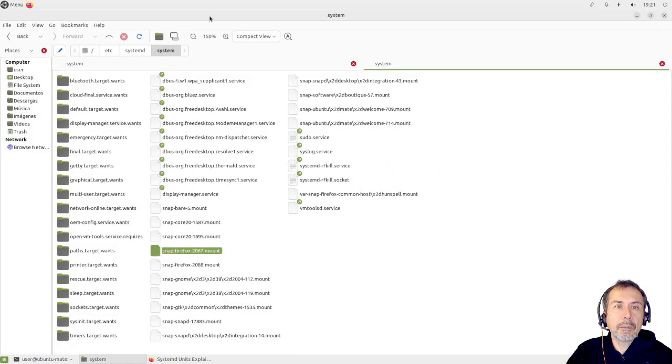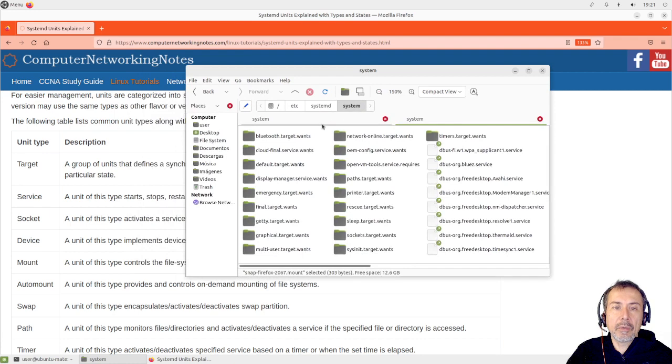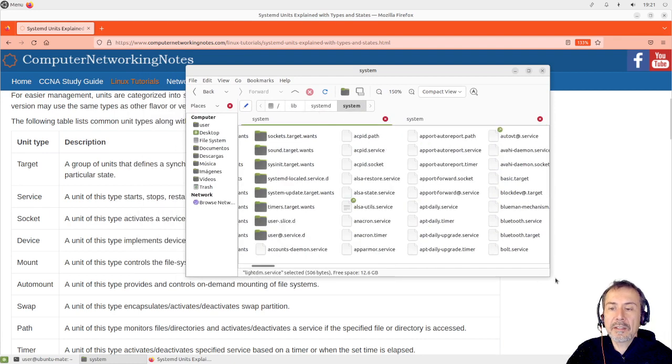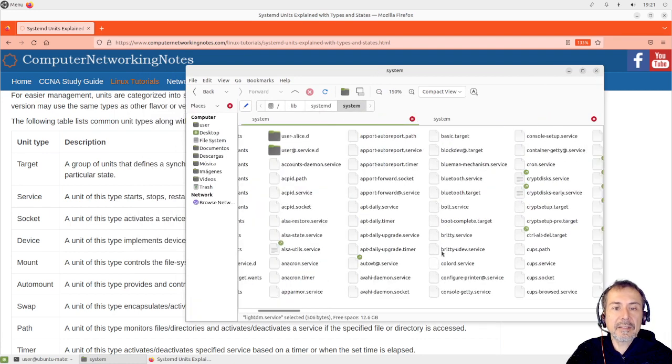Remember that units are only text files. The first type of unit is targets. Targets, we have seen them. A target represents a desired state of the system.